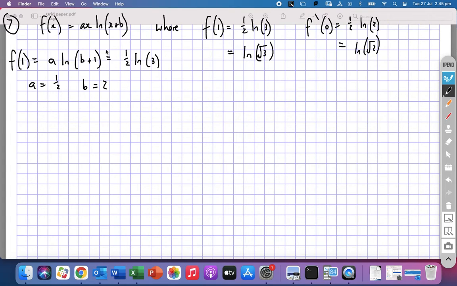because we can just do this comparison of the logs. But let's check it in the derivative. So for the derivative, I'm going to have to use the product rule. So f of x is u times v, where u is ax, u prime is a, v is log x plus b, and so v prime will have to be 1 on x plus b.